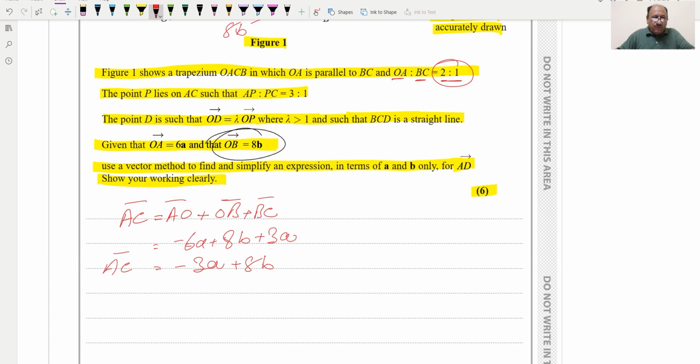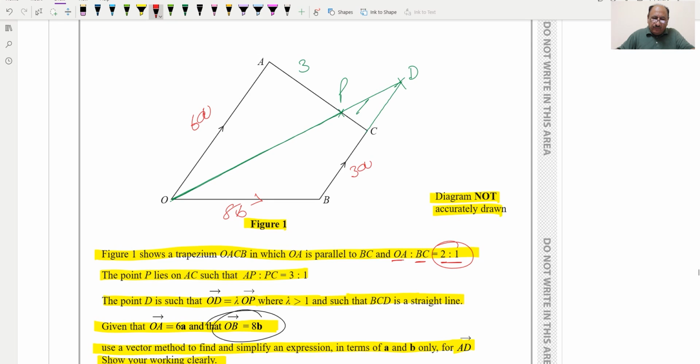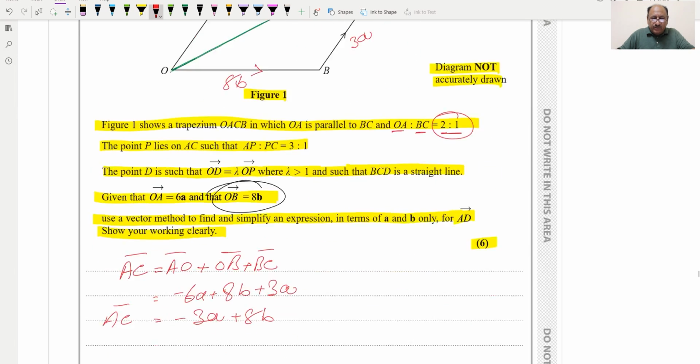Now we can find AP value also. AP is, because this is 3 units and 1 unit, so the ratio of AP and PC is 3:1, so it is 3/4 and this is 1/4. So we can write AP is 3/4 of AC.